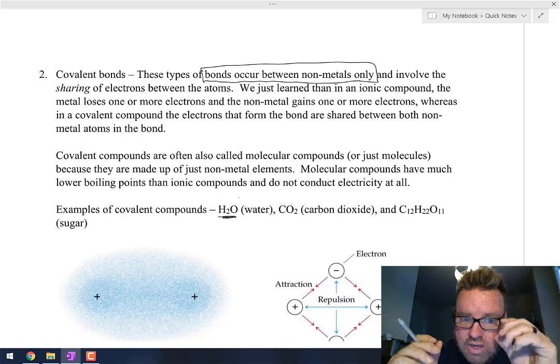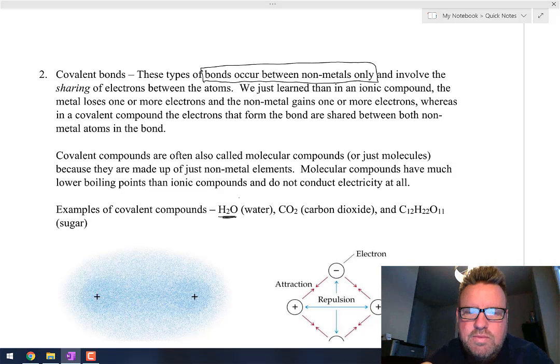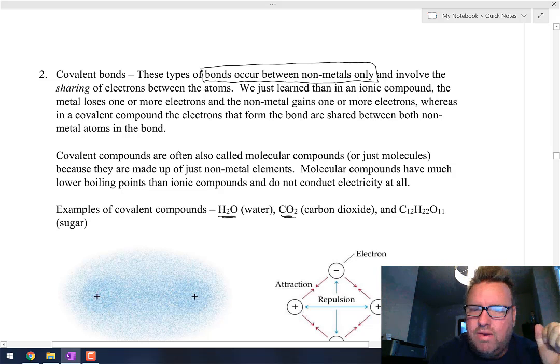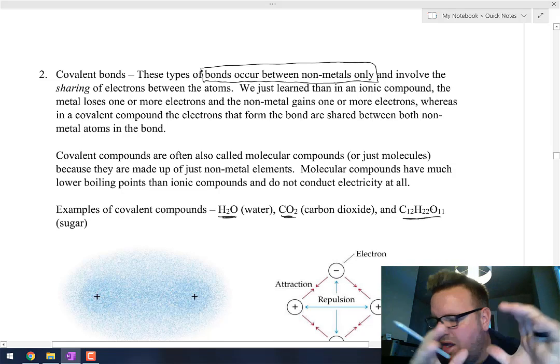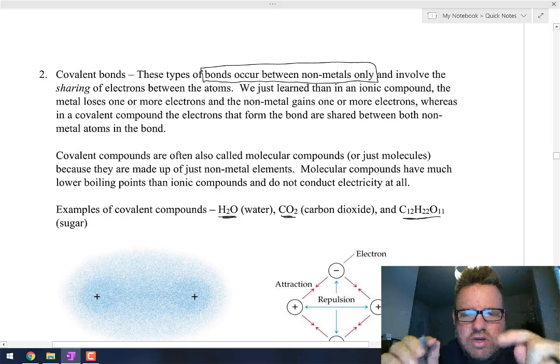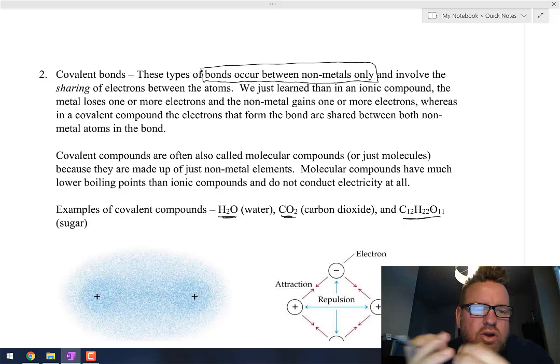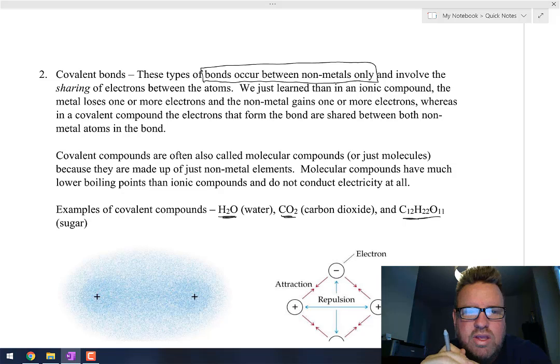Okay, that's a covalent compound. Okay, carbon dioxide, carbon and oxygen are both non-metals. Okay, that's a covalent compound. Okay, and even sugar, C12H22O11, it doesn't matter how many of them there are, also forms covalent bonds and therefore are covalent compounds or covalent molecules.